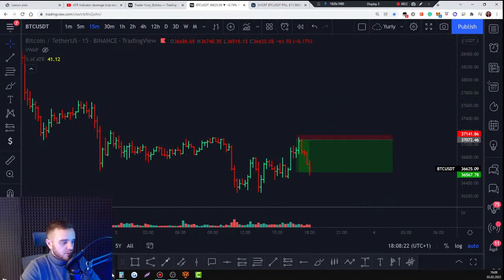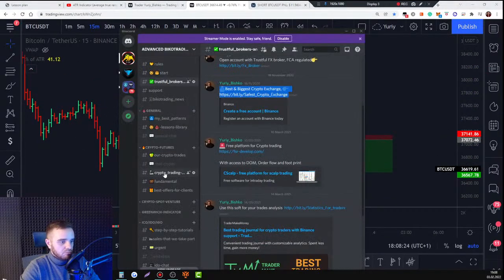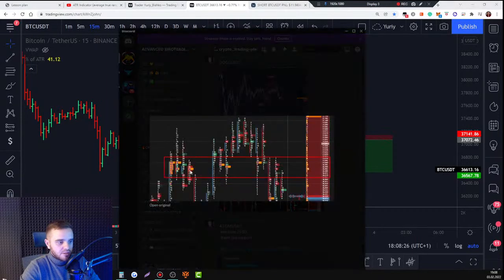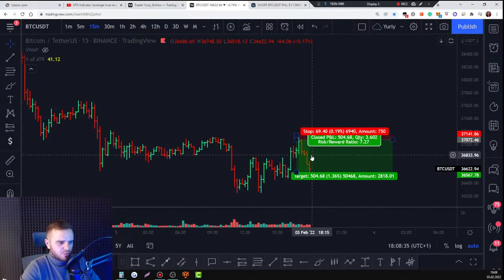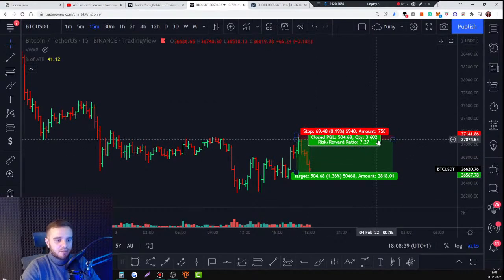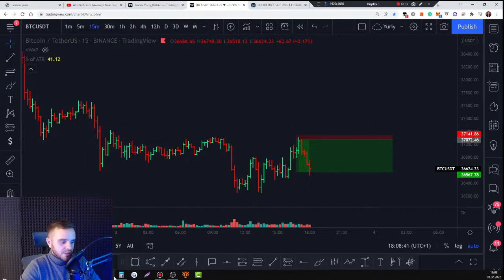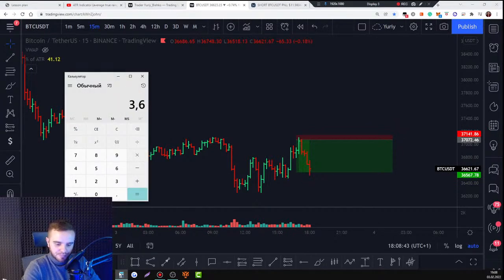For example, someone in some area sold a big order, and based on that order, we open a trade with a very small stop loss. And our position size would be 3.6 Bitcoins. You multiply by 37,000, it would be 133,000.